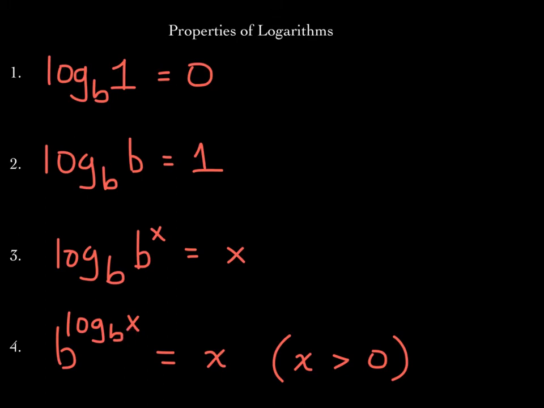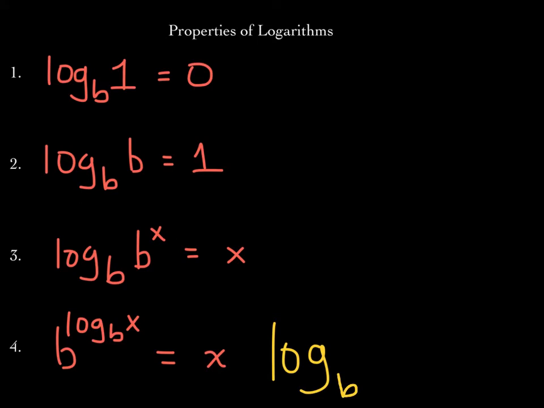Now, to understand why this is true, consider rewriting this as a log equation. Right now it's written as an exponential equation with base b and this power is equal to x. So I'm going to rewrite this using a logarithm. So here we go, log. Now the base of my logarithm will be b. So log base b.